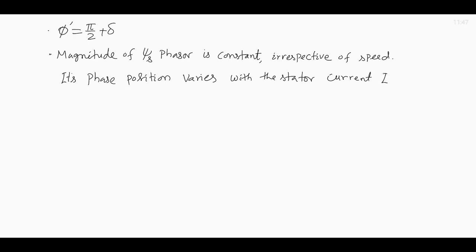As we have seen in the phasor diagram, two cases we have shown. The magnitude of the psi s phasor is constant, and its phase position varies with the stator current Is because of the phasor locations.